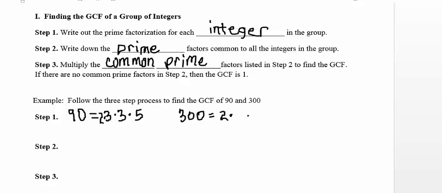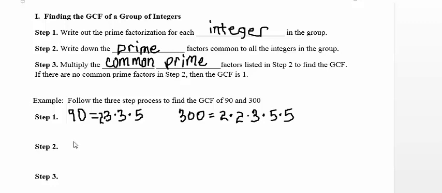Actually, 2 appears as a factor twice. So that's our prime factorization for 300.